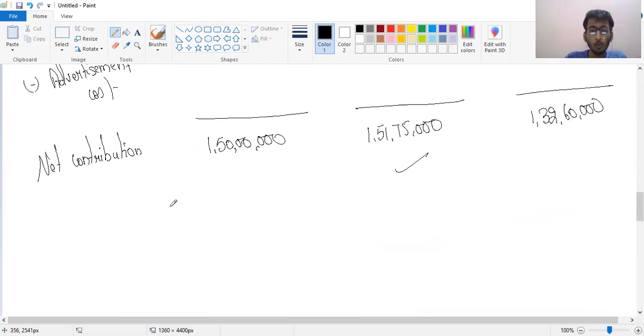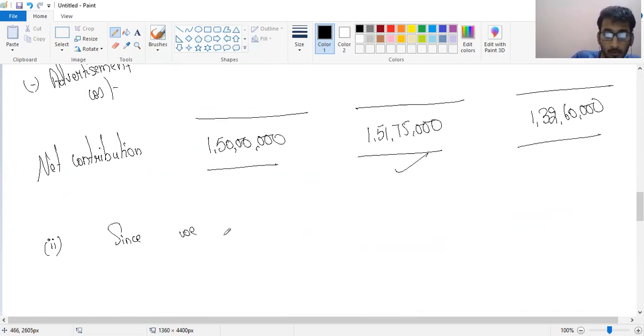So what is the question asking us? The question is asking, analyze the make and buy decision on unit basis and total basis, and recommend the most profitable alternative. So we have analyzed this situation on unit basis and total basis and recommendation.